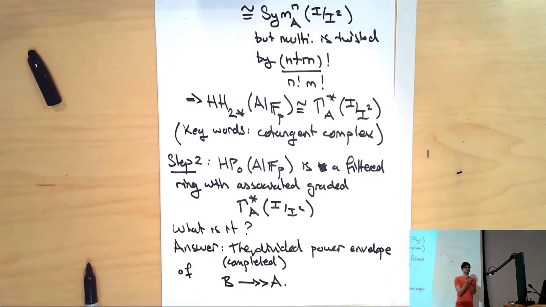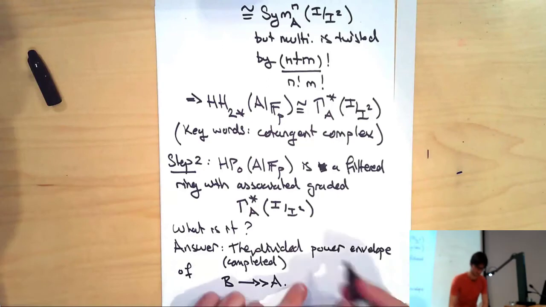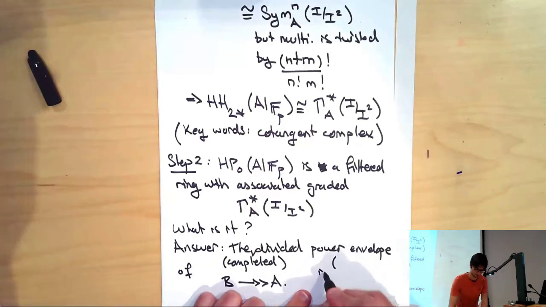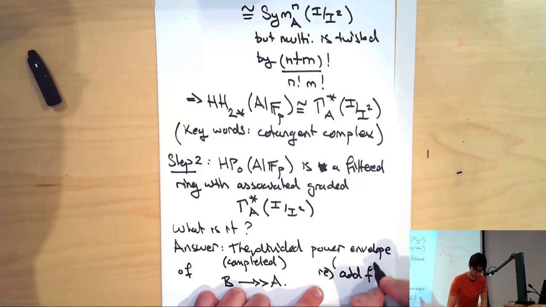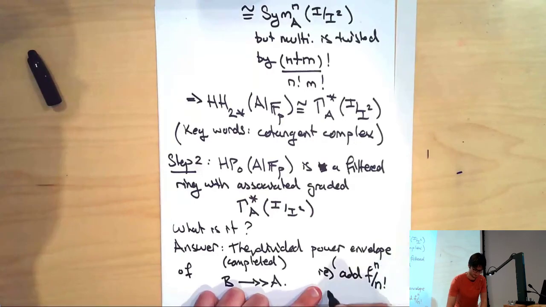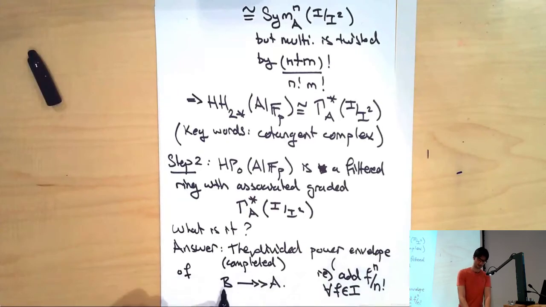And there's a classical structure that you can do coming from the theory of crystalline cohomology and de Rham cohomology. I can add to the ring B in some formal way everything that looks like f to the n over n factorial as I run over all f's in the ideal and all n's.